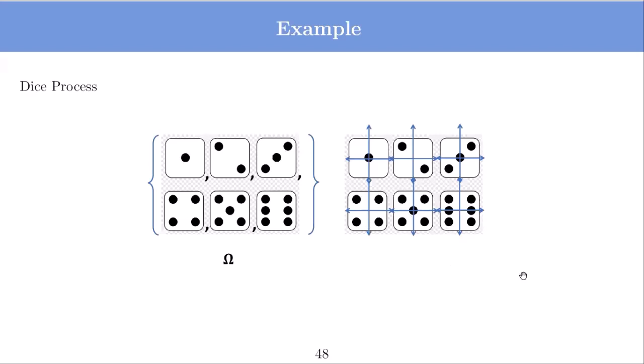Suppose I have a camera looking at the dice roll from the top. Every time you do this experiment of rolling a dice, I get a particular set of points, which is a random set of points, because every time this event happens, I can see a different set of points. So this is a point process because I'm getting a collection of points in R2 space, but this collection itself is random.